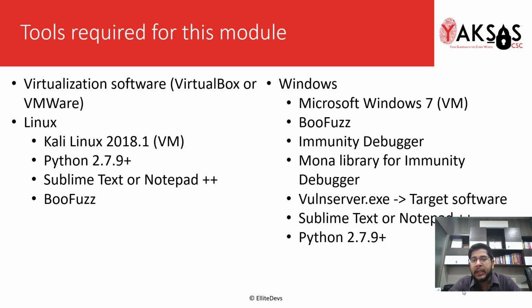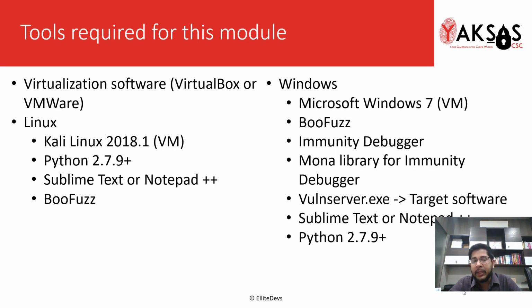On the Windows box, I'll need a Windows 7 SP1 machine, and on this machine I'm going to install an emulator debugger, the Mona library for the emulator debugger, and a target application for this, which is vulnerableserver.exe, and we'll be needing a text editor.